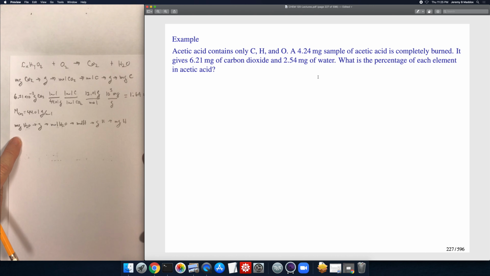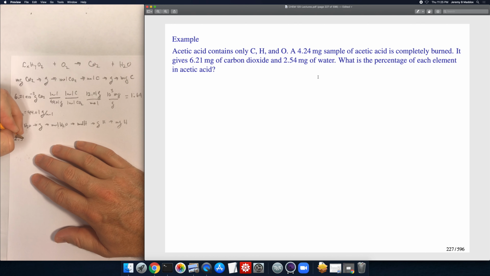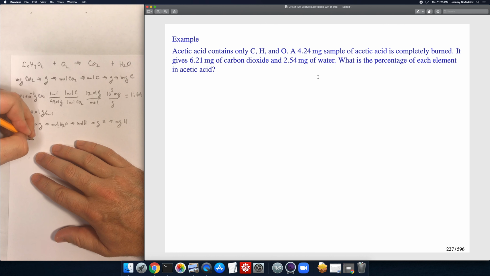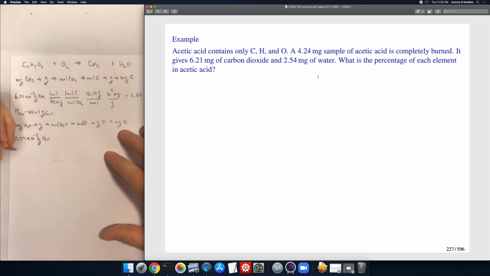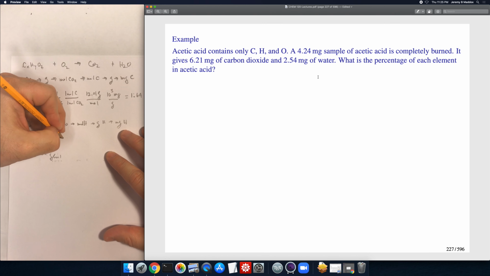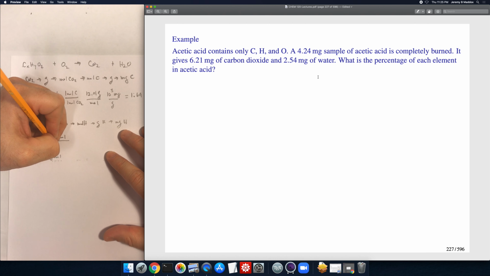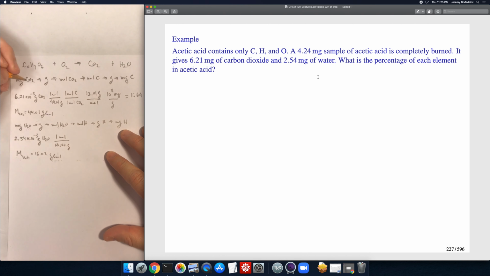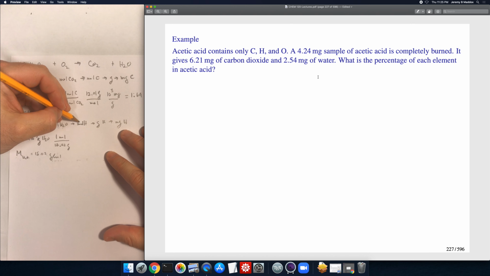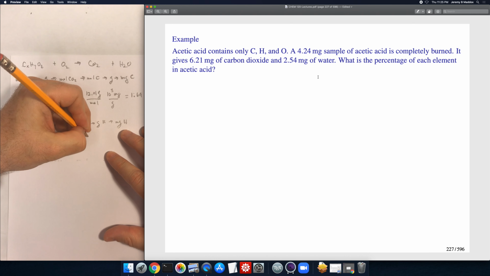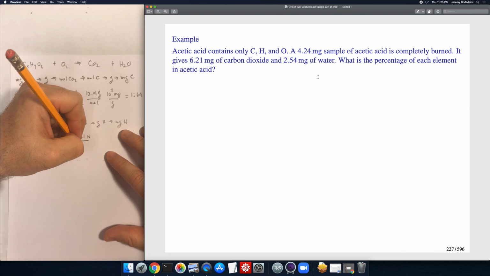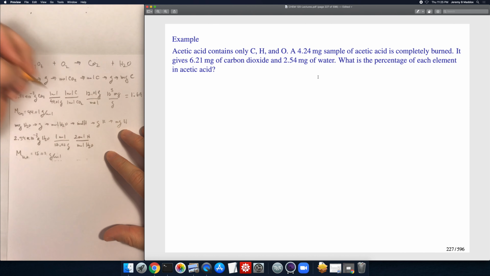Let's do the calculation for water. So for water, we had 2.54 milligrams. So I'm going to write that as times 10 to the minus 3 grams of water. The molar mass of water is 18.02 grams per mole. So I will take that and divide the grams by the molar mass of water. Okay. Then we'll convert that to moles of hydrogen. There are 2 moles of hydrogen atoms for every mole of water molecules.